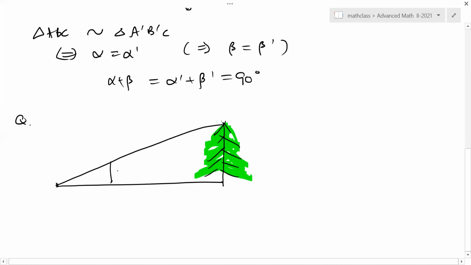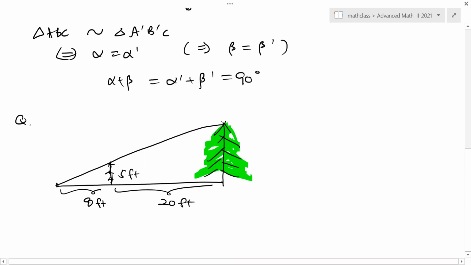Suppose this guy is about 5 feet high. And I also know that from here to here is going to be 20 feet away, and from here to here, I can choose, it doesn't matter, let's say 8 feet.